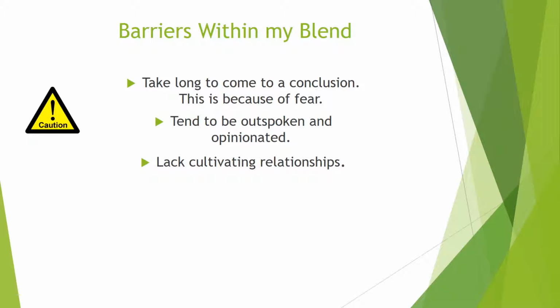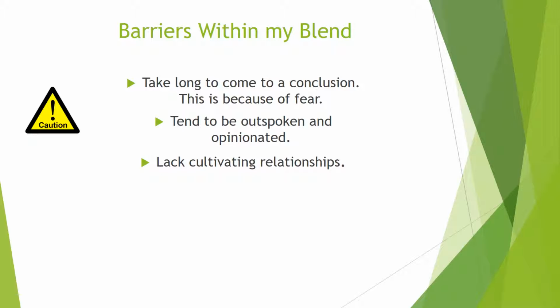Values within my blend are 3, but not limited to. Taking long to come to a conclusion because of fear, and this is also found in my blend because I'm conscientious and contemplative. I tend to be outspoken and opinionated, which means I need to listen more instead of responding.